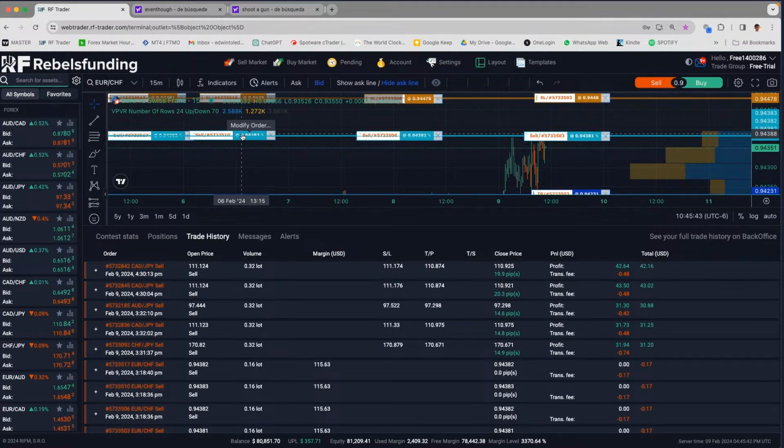We are at least 0.6% win right now. 0.6%.